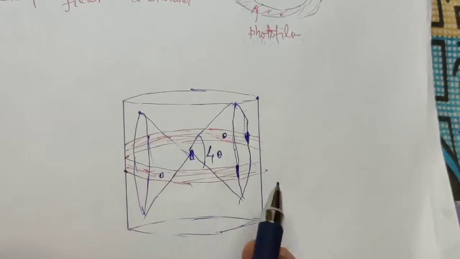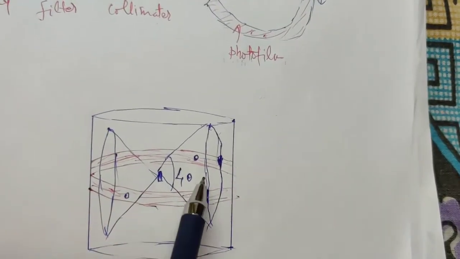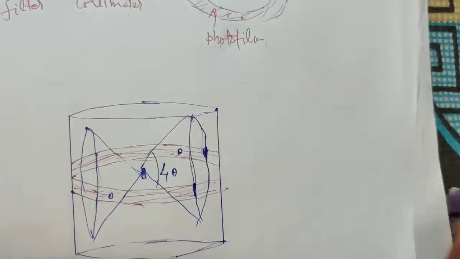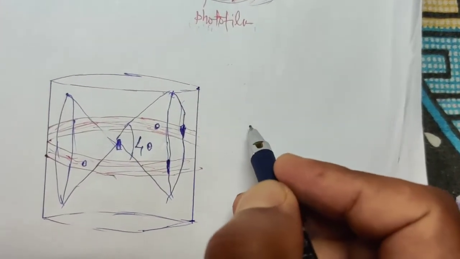Suppose the photographic film is flattened on a flat surface, so it will be formed like this.